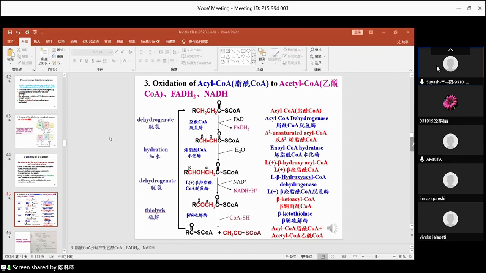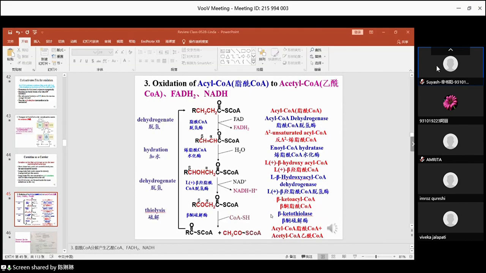And in the third process of beta oxidation, you should remember the oxidation of acyl coenzyme A to acetyl coenzyme A, FADH2 and NADH. In this process, you should also remember all the materials in each step and all the enzymes.